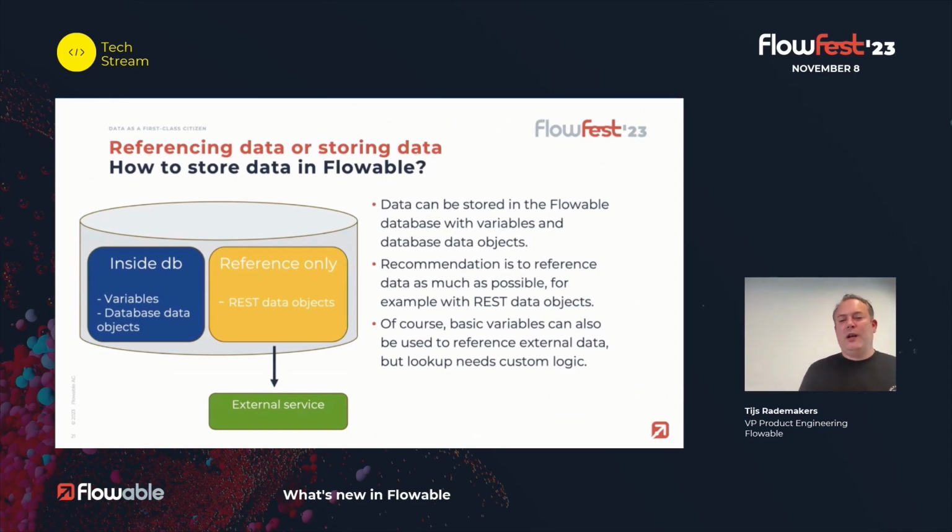And it can be a variable being an ID, for example, which you use then to connect with an external service using that ID to get all the information. But try to prevent creating nested variables, storing that all in Flowable, because then you also need to manage that data in Flowable, which is not always the best approach.